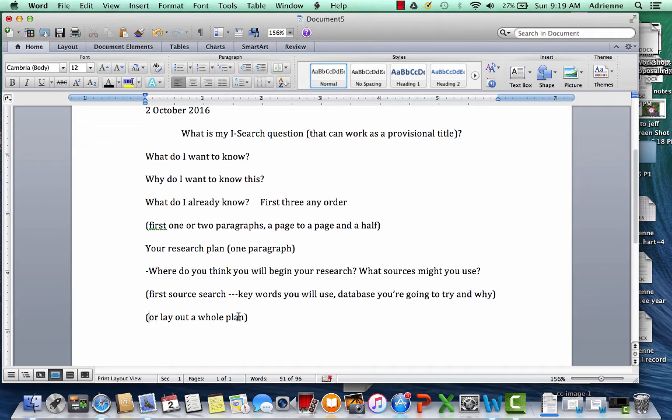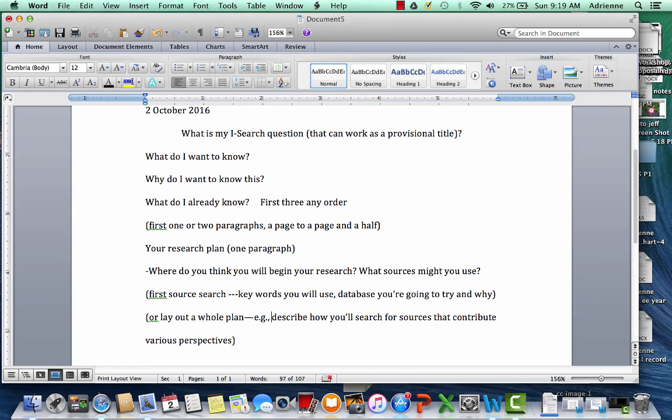You could do that, or if you are trying to lay out a whole plan for research, for example, you might say, describe how you'll search for sources that contribute various perspectives.